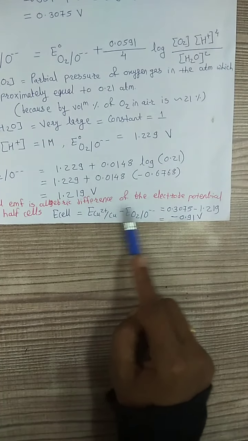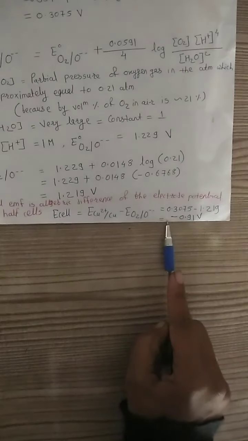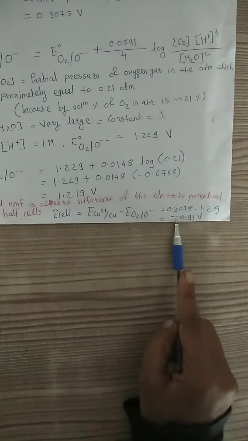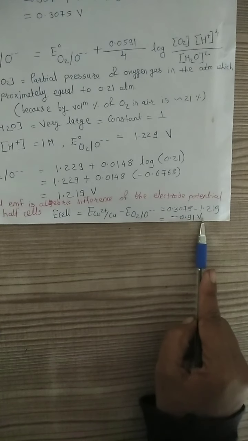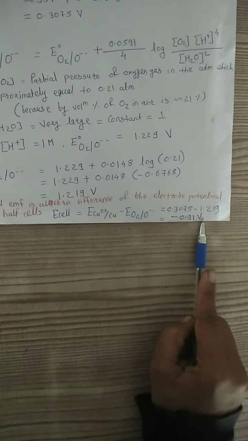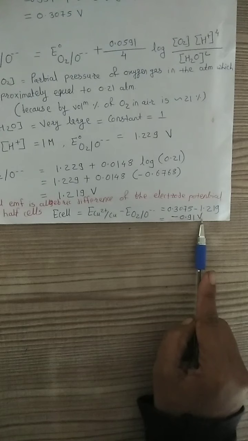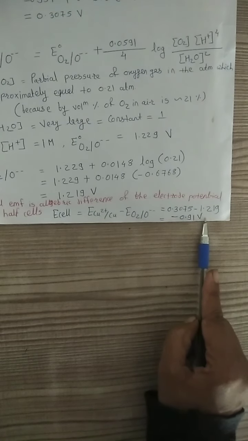After putting the values, we get the equation equal to minus 0.91 volt. So when applied voltage is exactly equal to 0.91 volt, no current will flow through the cell in either direction, which is the principle of the potentiometric measurement.